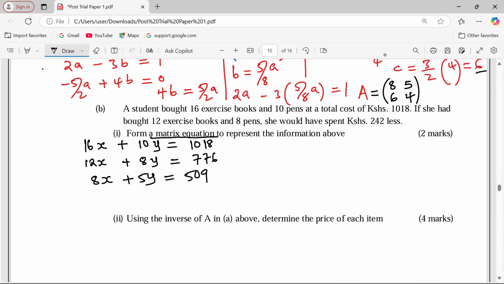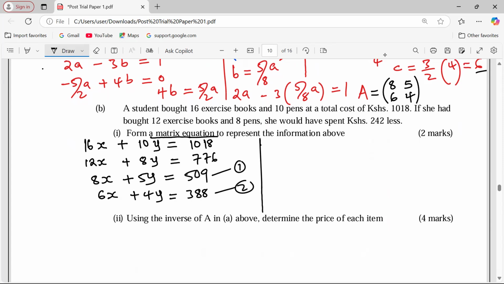The second equation, what is common? Again by 2. So this becomes 6x plus 4y equals 776 over 2, giving us 388. Now we have equation 1, equation 2, that way.